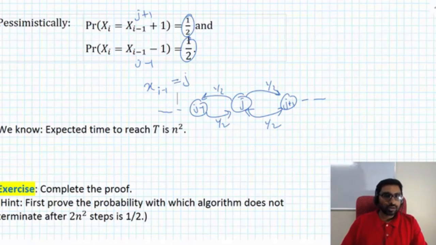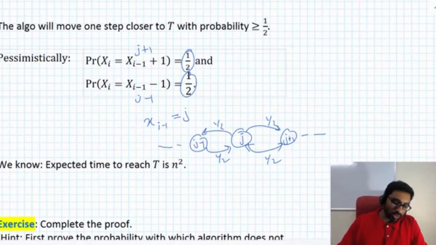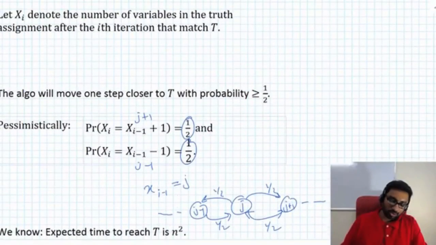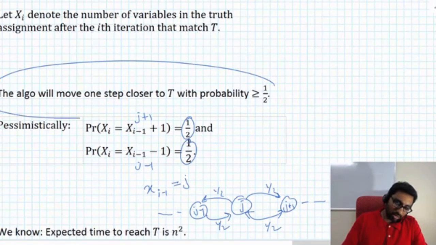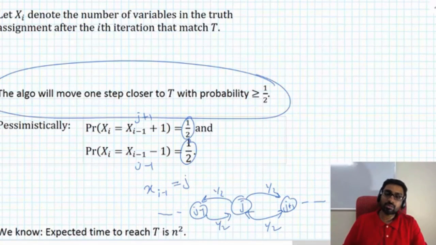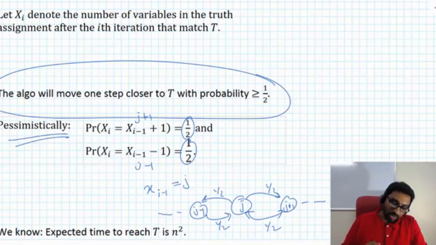So before we conclude, I would like to point out one thing. Why is it that we are not using the actual probability? Instead, we're choosing a more pessimistic option. Well, as it turns out, if we view this stochastic process using the actual probabilities, it's not a Markov chain.